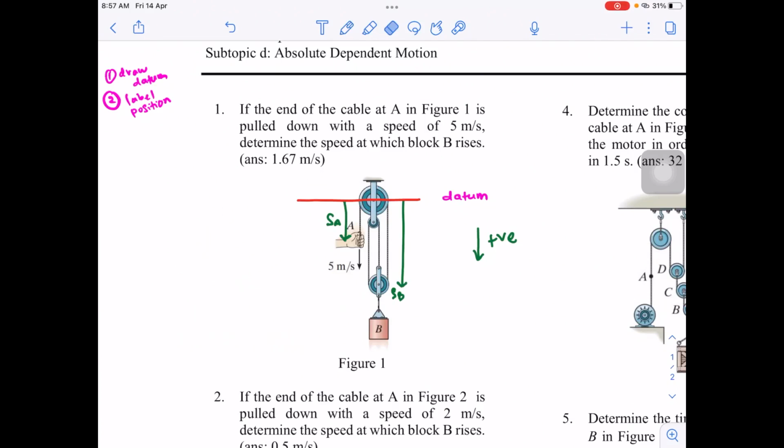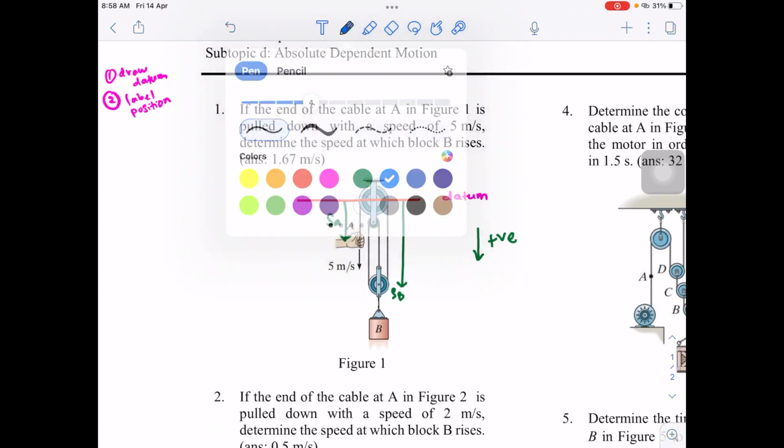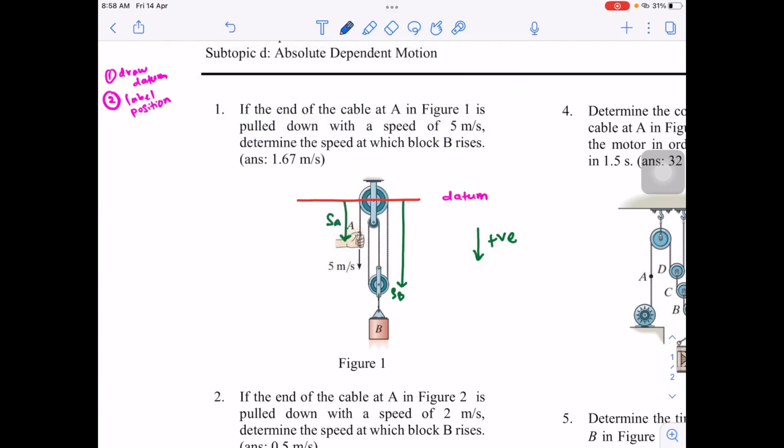And then you identify ada tak fixed line ataupun fixed distance yang tak berubah kalau pulley tu bergerak. Okay, we identify any distance yang tak berubah kalau pulley tu bergerak. Dalam kes ini between pulley yang atas dengan bawah tu tak berubah. So between this pulley and this pulley, dia tak berubah. The distance tak berubah.